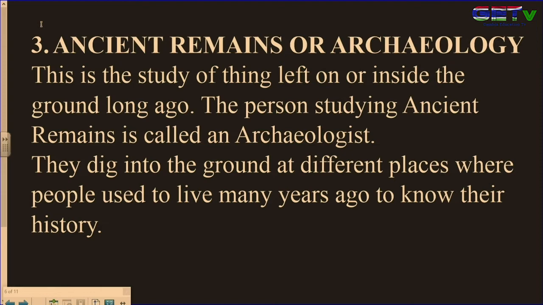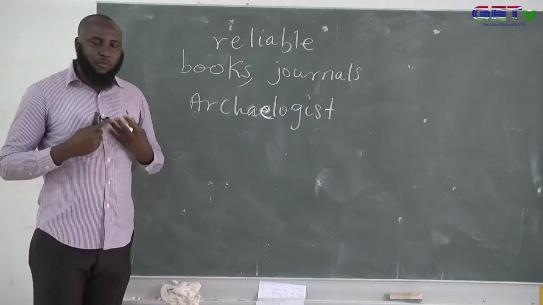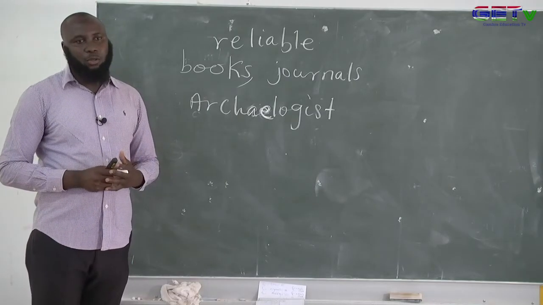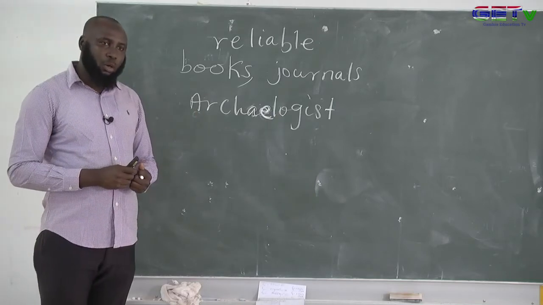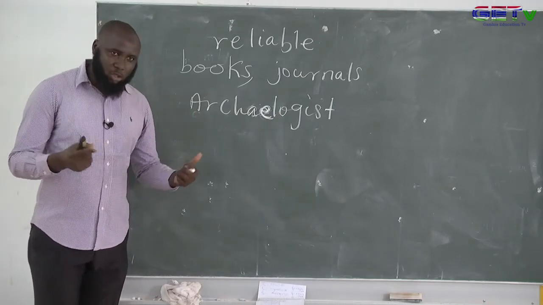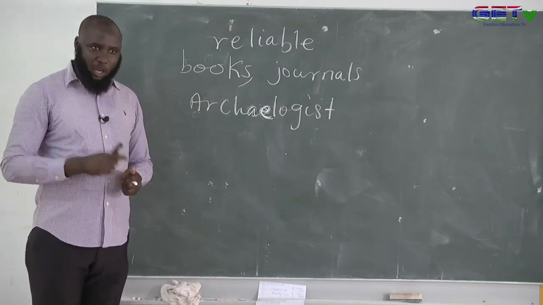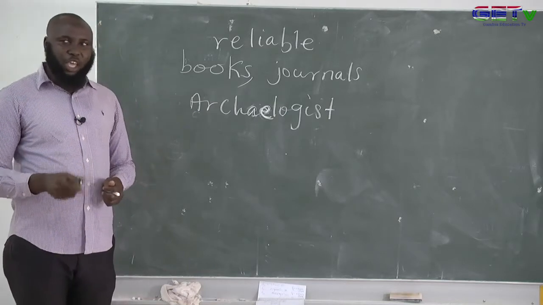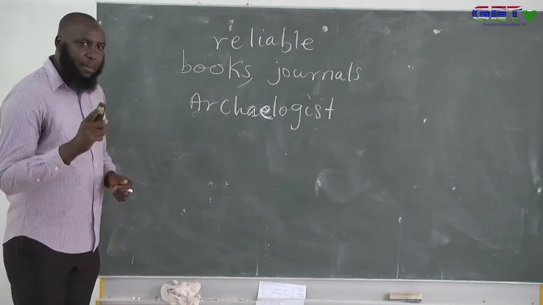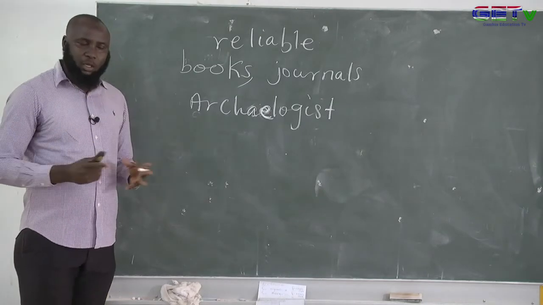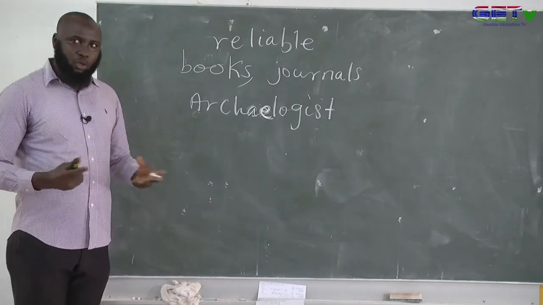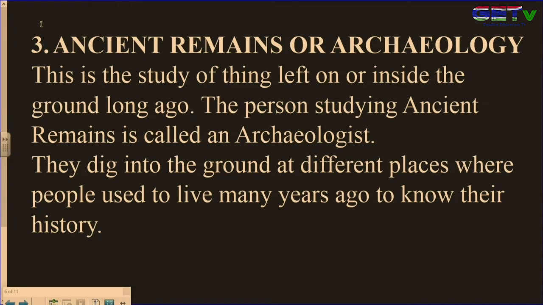In other words, it will tell you about their political life if you come across weapons that were used for empire expansion. For example, you come up with guns, old ones, swords. This will tell you that the people living here before in a long period of time were also engaged in empire building. And socially, you might also come up with materials that were used in their social lives.